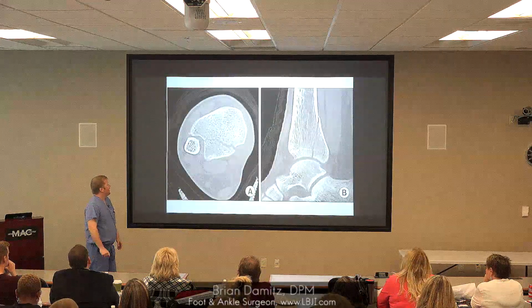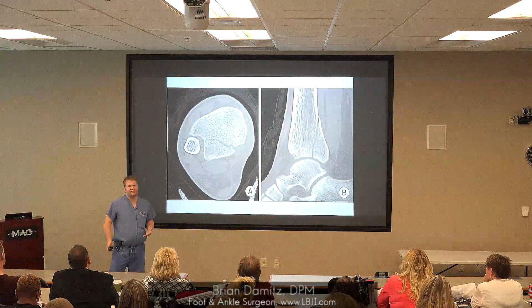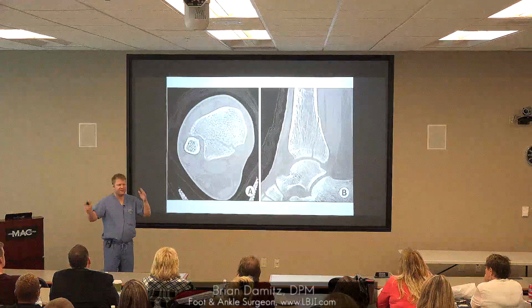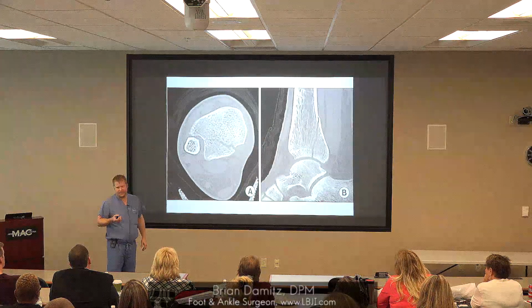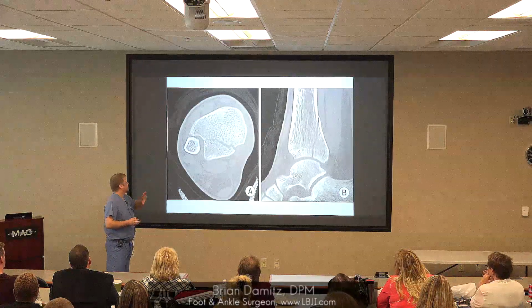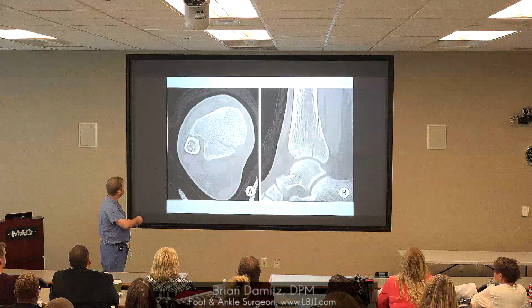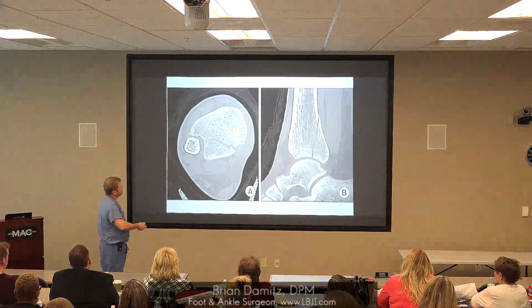Has anyone heard the term trimalleolar fracture? A lot of questions are, what's that third fracture? Well, it's actually the back of the tibia, called the posterior malleolus. This is a CT scan that shows a good example of the fracture.